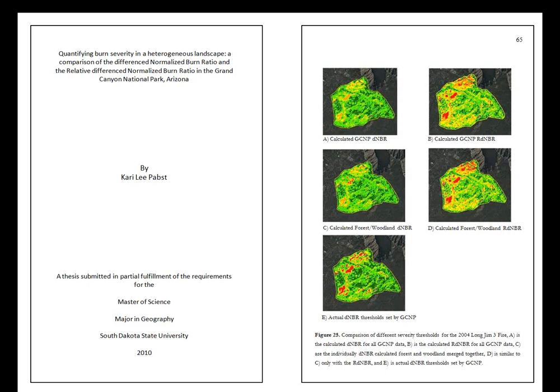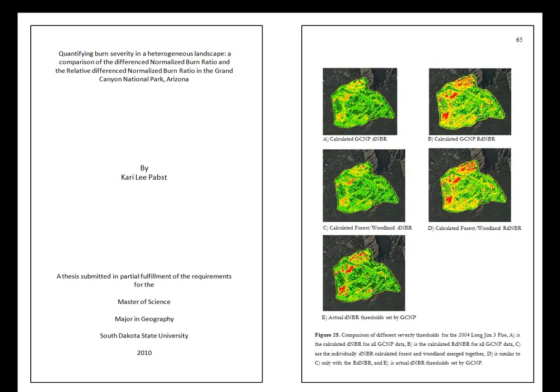Both of them have their advantages, but Kari looked at which one best represents what's actually going on the ground in this area. What she found was that the DNBR methodology that we're using actually gives us better results than the RDNBR. But she also found that putting in the CBI plots, that combination of the DNBR and the burn severity plots, gives you the best product possible. So that was an interesting project.